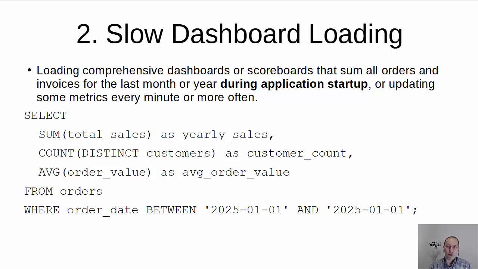And when the user opens it, he sees some nice looking numbers or graphics or something like this, which shows the overall progress of the company, or his own progress.